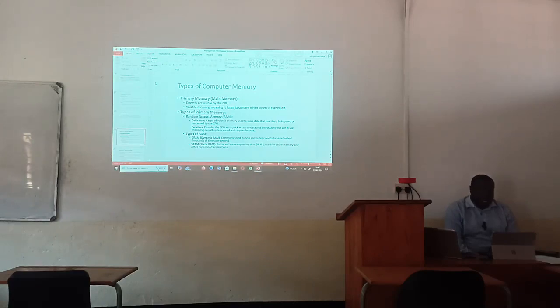Then it also has several types. The types of RAM, you have DRAM, which stands for dynamic random access memory, commonly used in most computers, needs to be refreshed thousands of times per second. That's dynamic RAM.